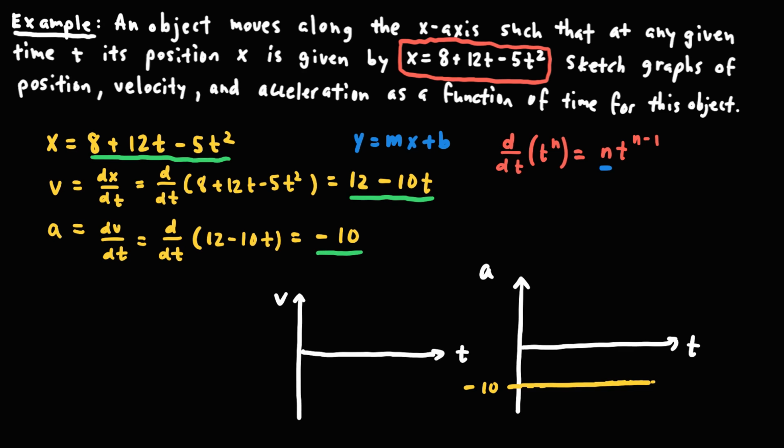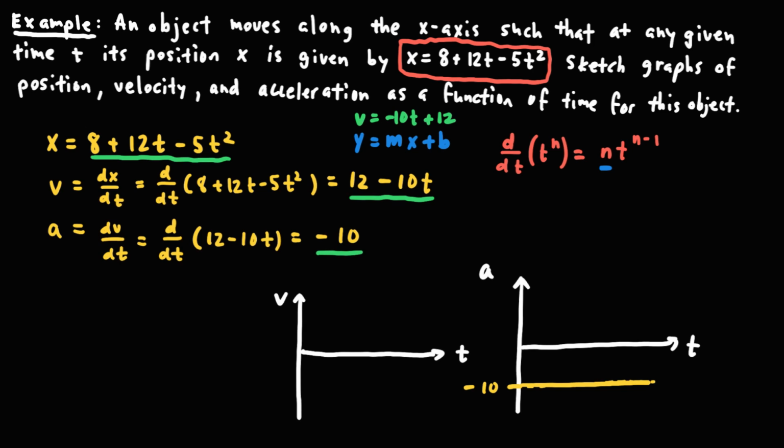I'm going to go ahead and flip the two terms in the velocity equation and instead write the equation as v equals minus 10t plus 12. And hopefully that helps you line up the y equals mx plus b equation a little bit better with the velocity equation, which will make it easier to graph.